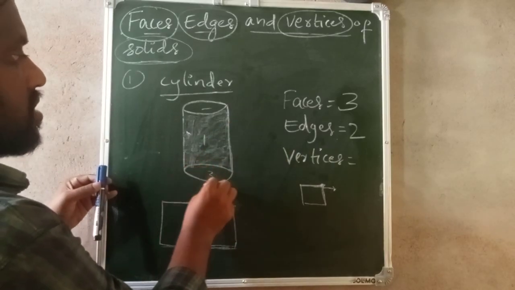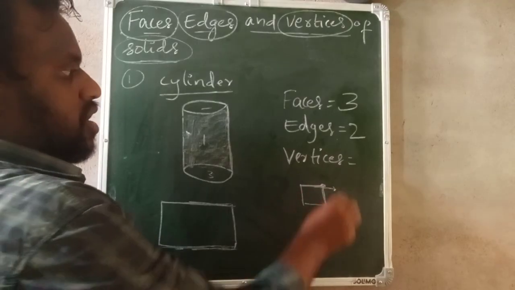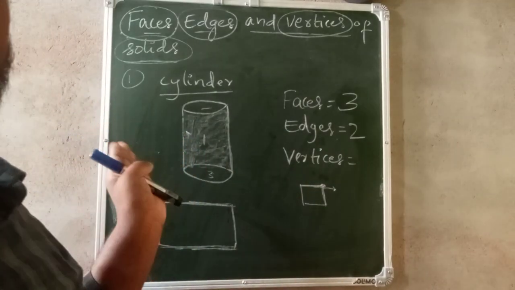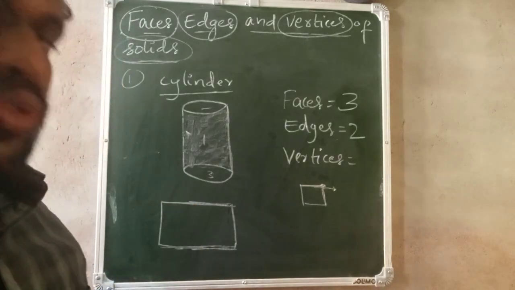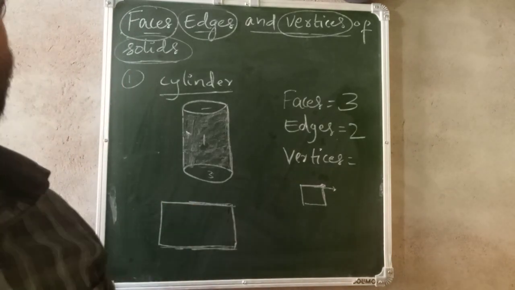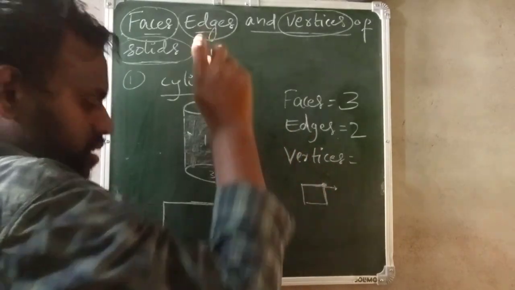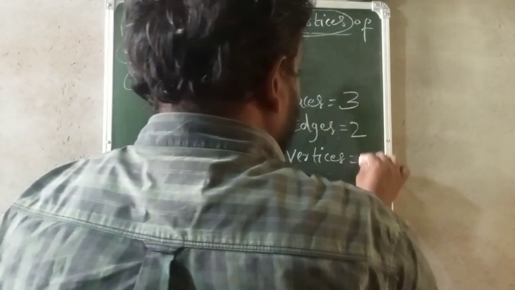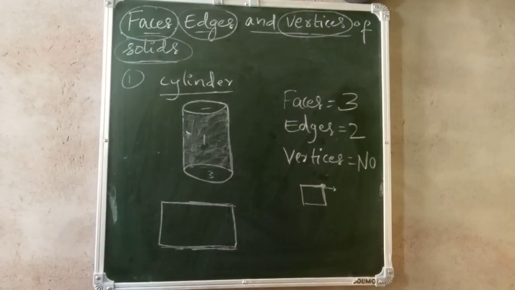If 2 lines meet at a point, that is a corner. But here there are no straight lines. Curves are there, so there are no vertices. There are no corner points. So vertices of cylinder, we will say none.